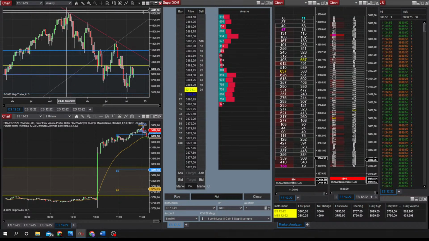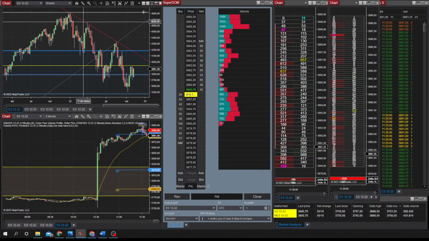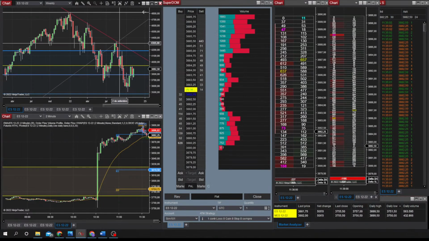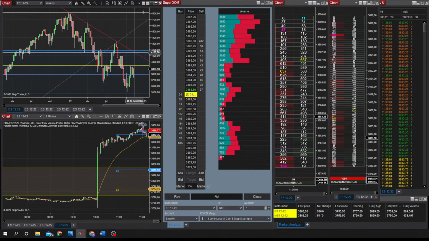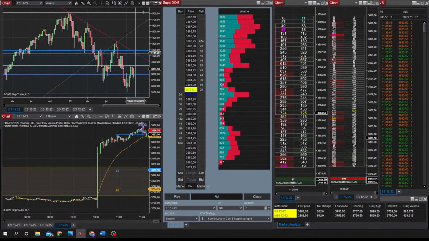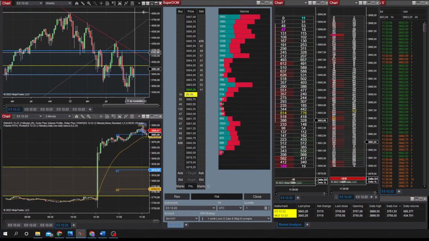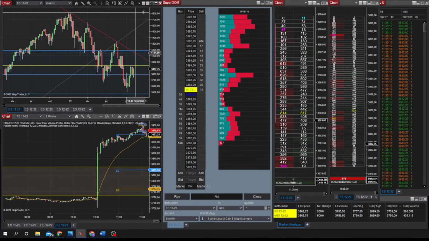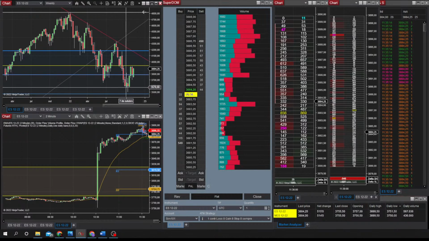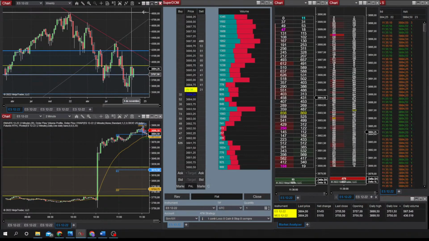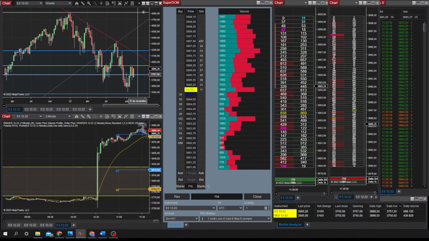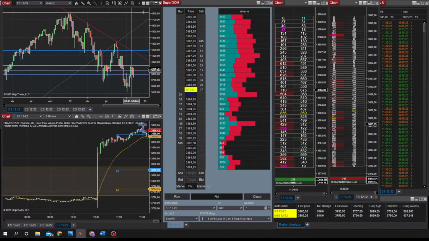We have this big low, this major low trend line over there, that would be around 4150, 4140 here. So we need to keep above the 3790 here.